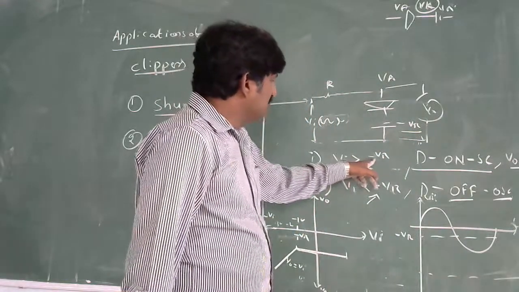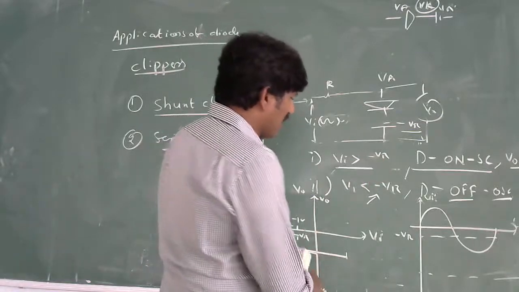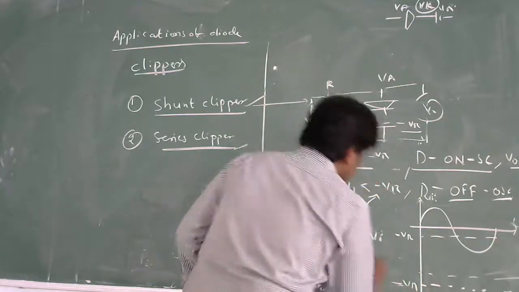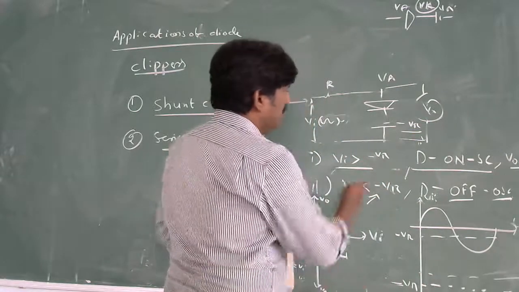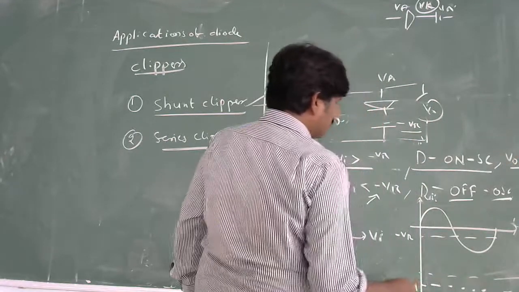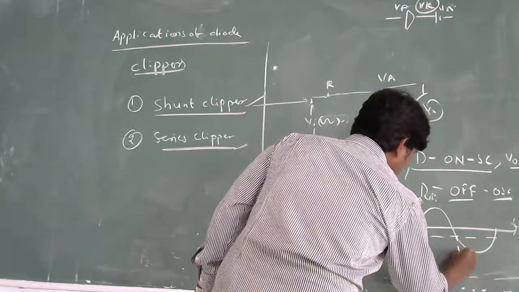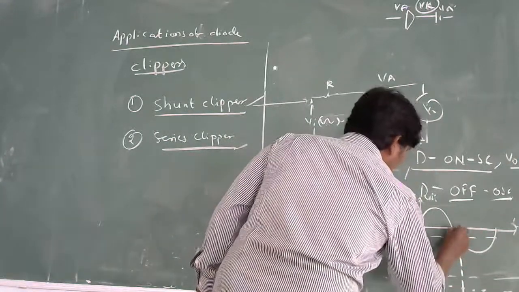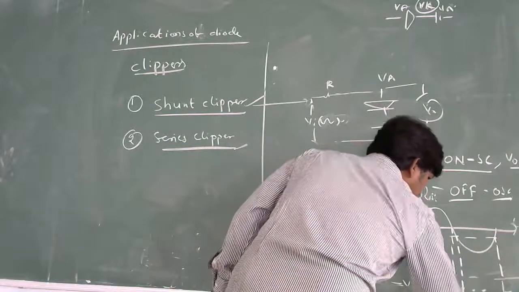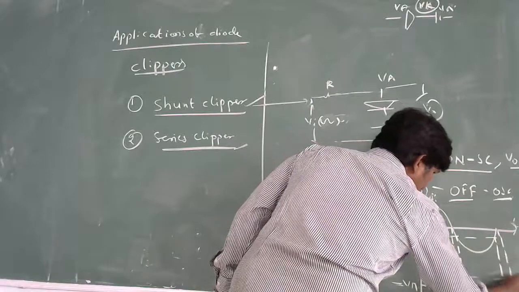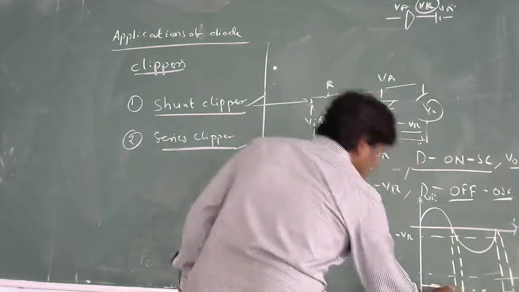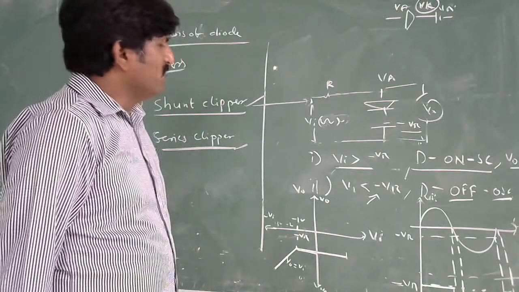Vi is greater than minus VR, then V0 follows minus VR only, up to this point. This one is minus VR. This one is the zero crossing of the positive cycle. This one is minus VR again. This one is the zero crossing of the negative cycle. Until this point, the output follows minus VR only.